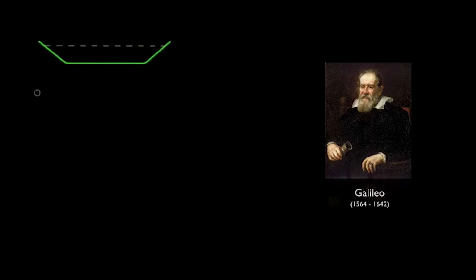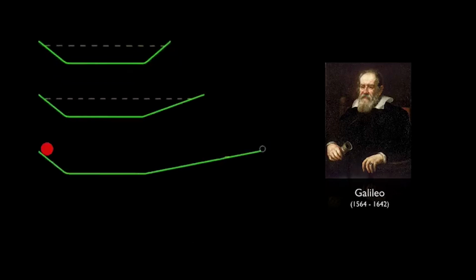If the upward ramp was less steep, he found that the ball wouldn't slow down as quickly, which meant it could travel for a longer time. It would then end up at the same height at which it was released. In all cases, he found that the height of the final position matched the height of the initial position.